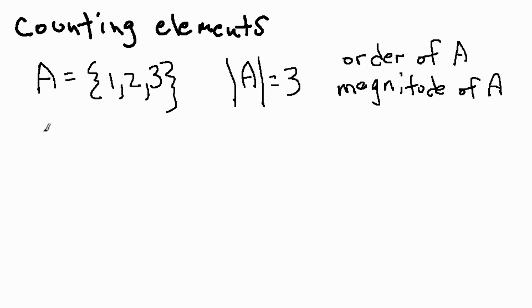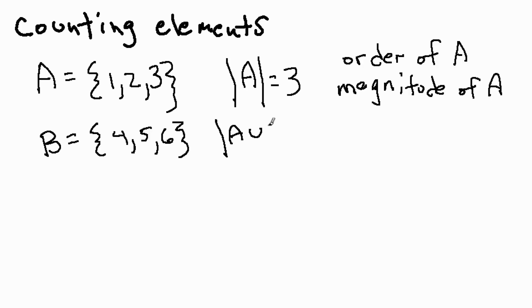Now I want to consider another question here. Let's suppose I have another set here, B, and maybe this is equal to 4, 5, and 6. And the question I want to ask is what is the magnitude of A union B?